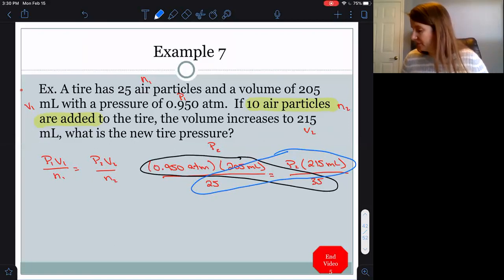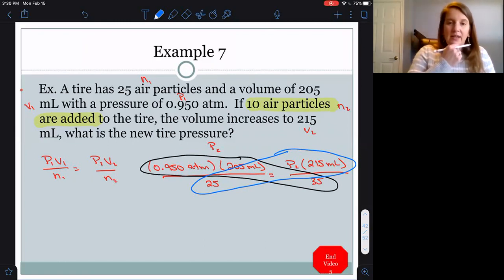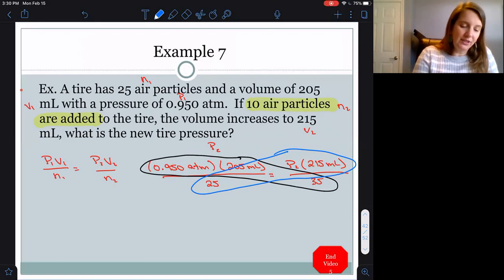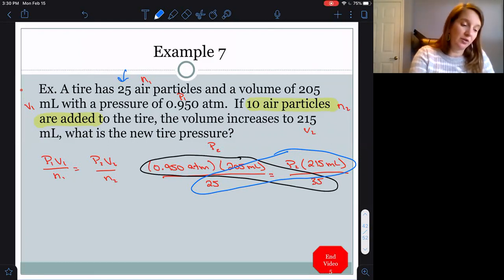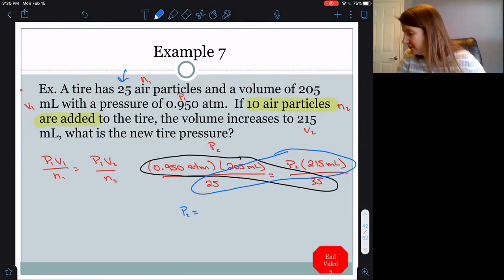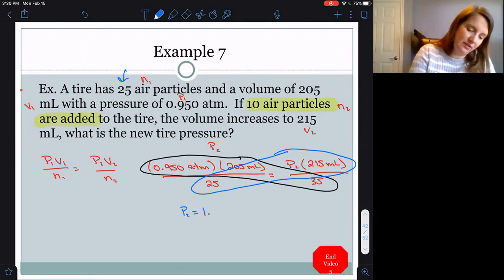So I'm going to divide by 25 and 215. And I get, we're not going to use these air particles for sig figs because those are counting values. Those weren't measured, so those aren't based off of sig figs. So we get 3 sig figs for our answer. So P2 rounded to 3 sig figs is going to be 1.27. And our units of pressure here are atmospheres because that's what they are on the left side of our equation.